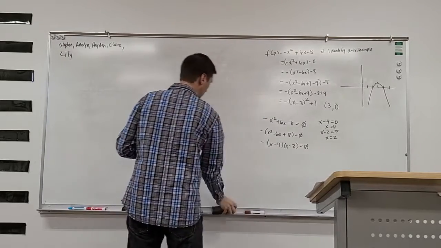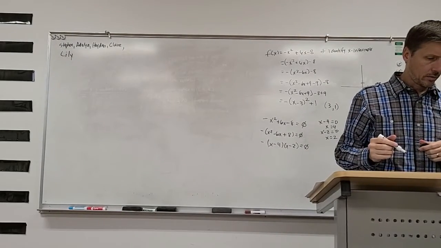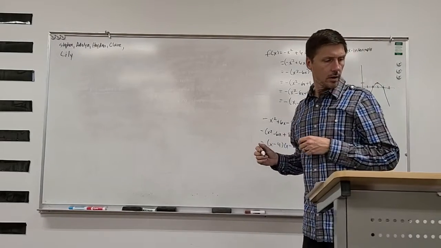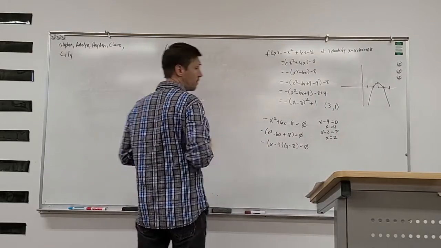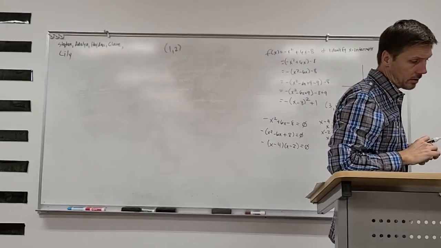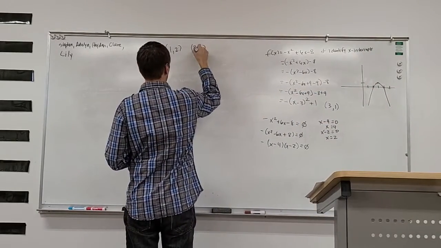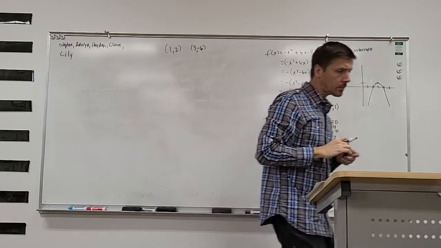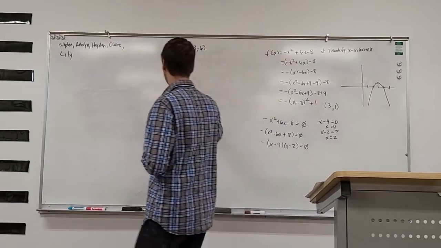So they give us a parabola whose vertex is 1, 2 and passes through the point 3, negative 6. All right? And they say, write the standard form of the equation.